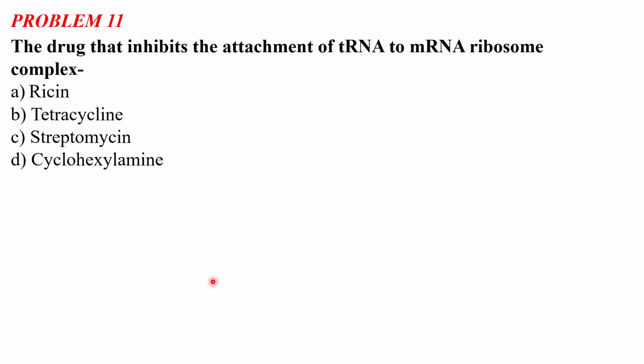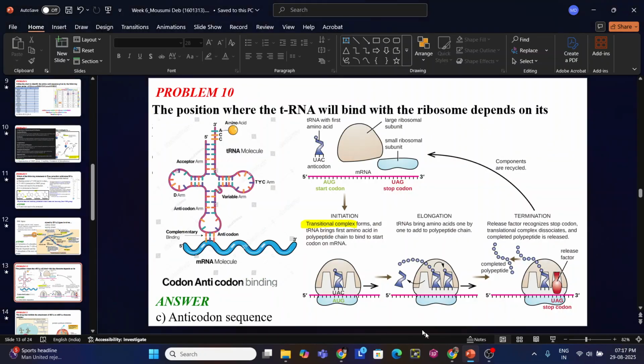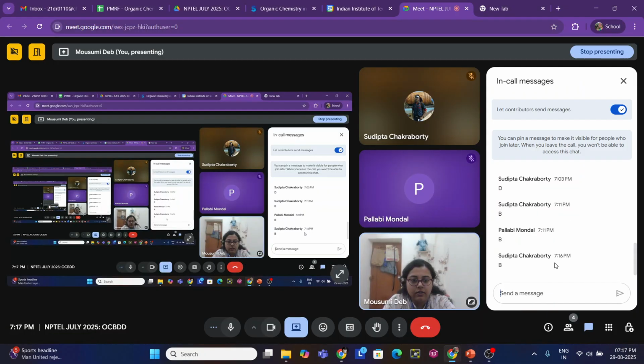Let me know in the chat box. A, B, C or D, which of the following do you think is the correct answer? Let me check the chat box and see if there is any answer.